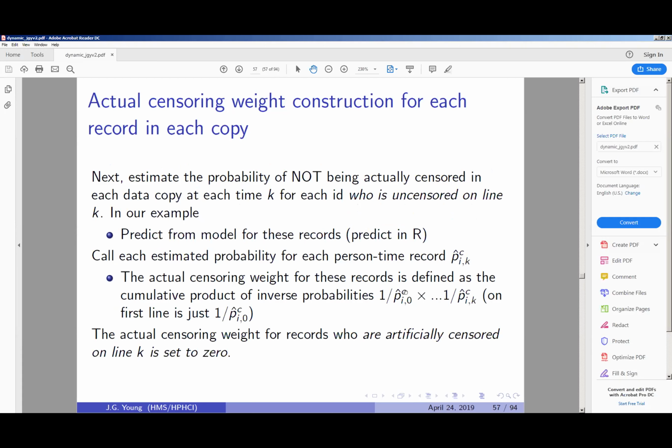I've just indexed it by C instead of G here because it refers to actual censoring. And similarly, the actual censoring weight for people who should be actually censored is set to 0.